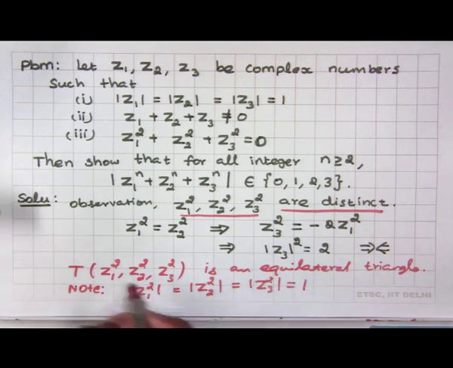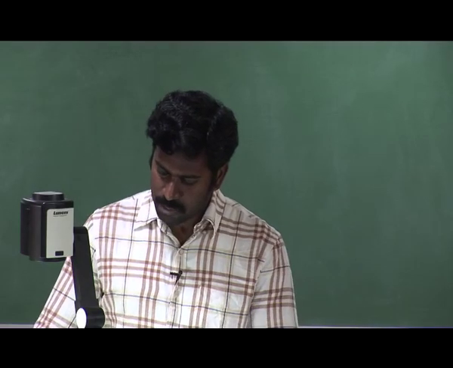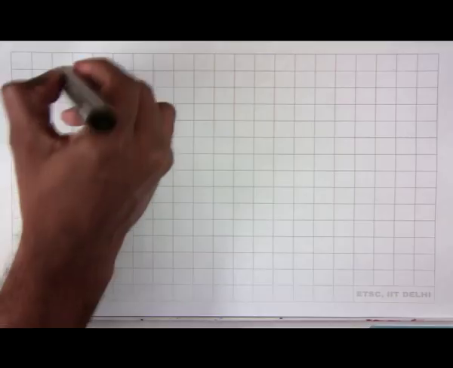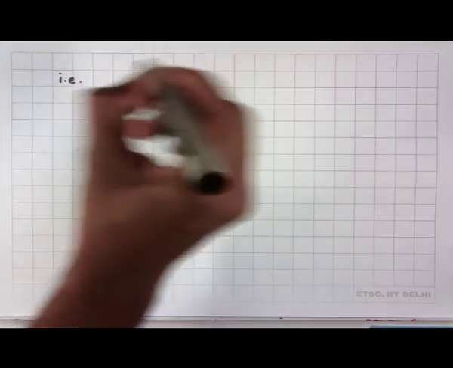So they lie on a unit circle and the corresponding vertices give rise to an equilateral triangle, which means the complex numbers can be connected through omega.